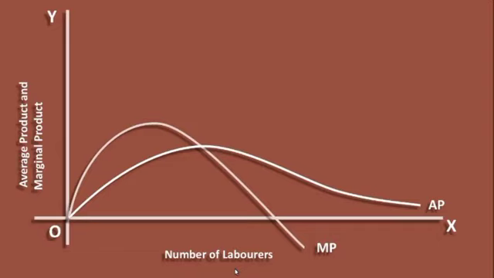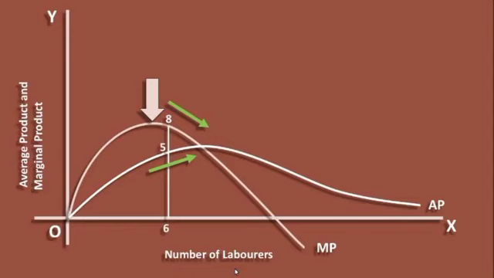Now, the relationship between the total product curve and the marginal product curve includes: 1. When the total product is increasing, the marginal product is also increasing, but must be below the total product, except when the first unit is consumed.